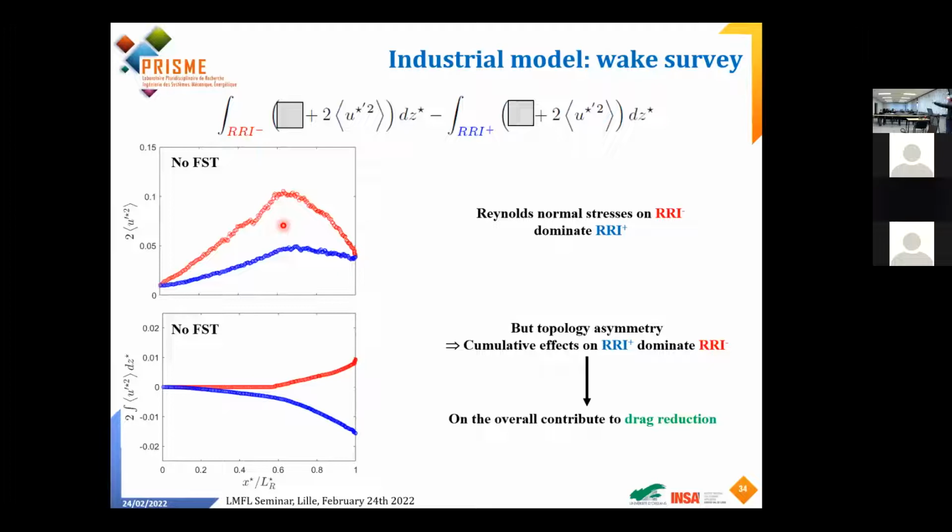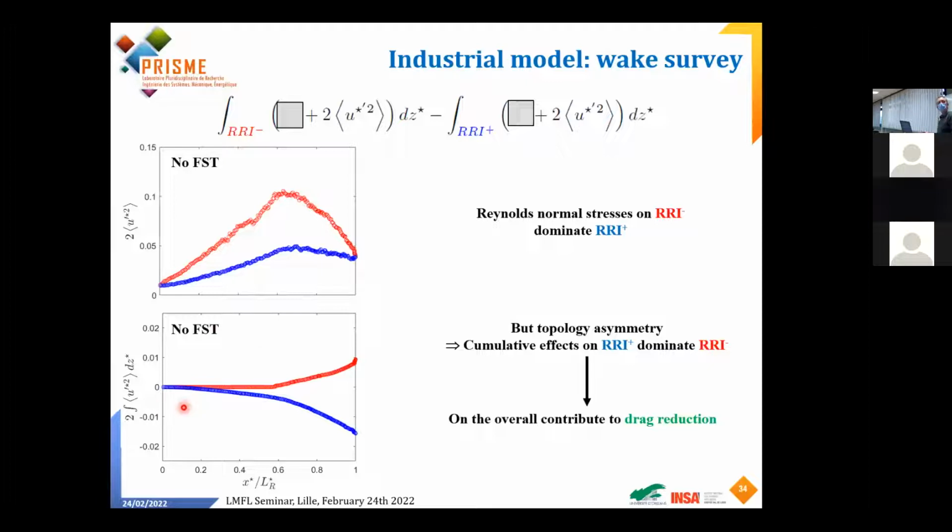This is the next step for us. Here are the no free stream results: the evolution of this term along the lower part of the interface and along the upper part. Blue is the upper, red is the lower.